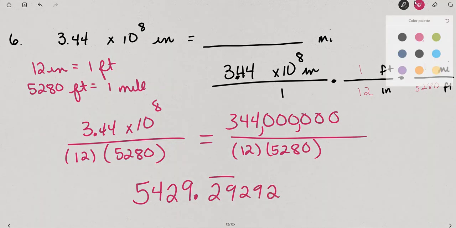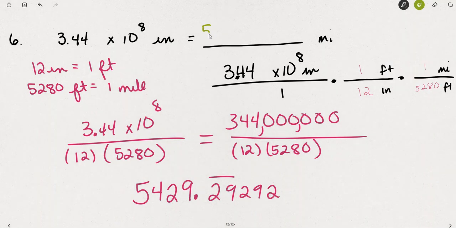We would get 5429.2929. Well, that wraps up this sheet of examples.